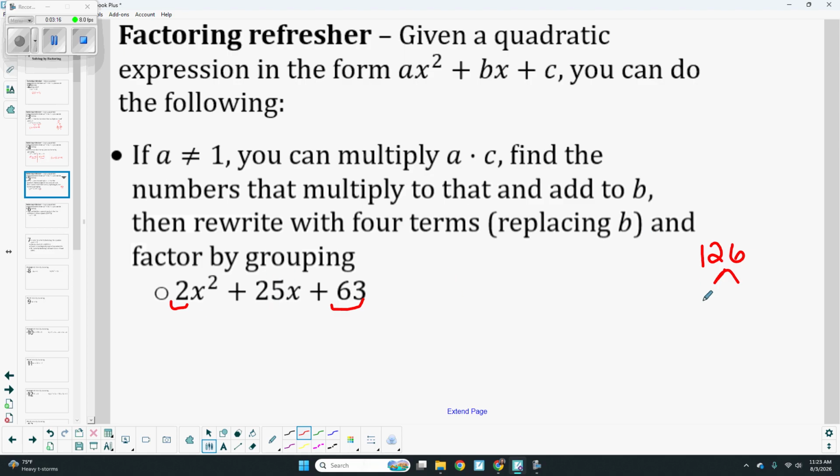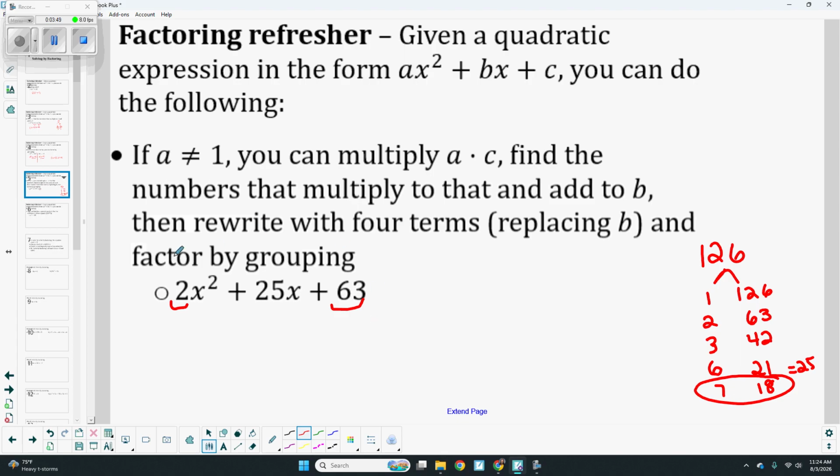So this would be 1 and 126, 2 and 63, 3 and 42, 4, nope. 4 does not go in, 5 does not go in, 6 and 21, 7 and 18, and oh my goodness, 7 and 18 are the ones that add to 25, right? So we had to go quite far to get that.